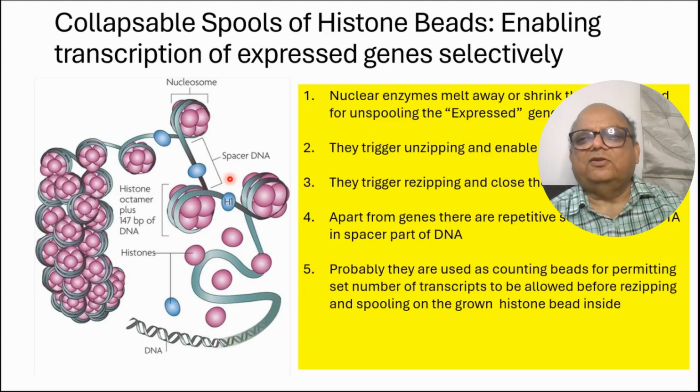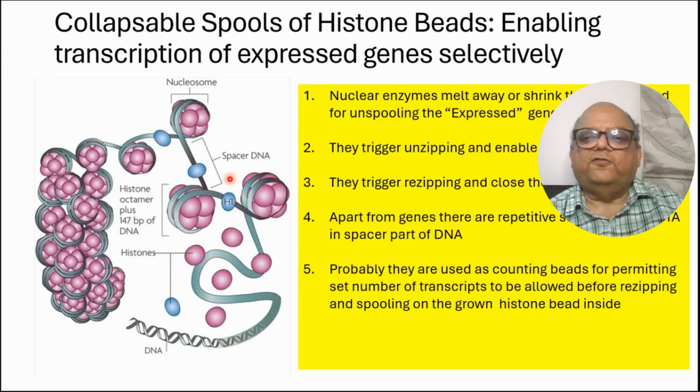And when all of them are exhausted, probably rezipping is initiated. Okay. So could be something like that. As an engineer, I am tempted to think of that possibility. Now, rest is, of course, to our biochemistry friends to investigate and prove it or otherwise. But then, from engineering point of view, this looks like an interesting possibility, okay, which needs some exploration.